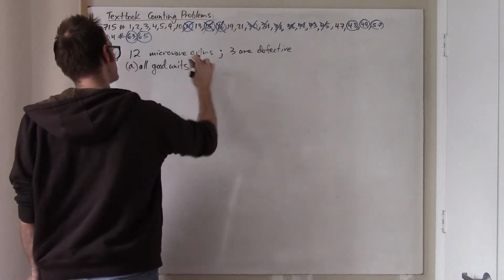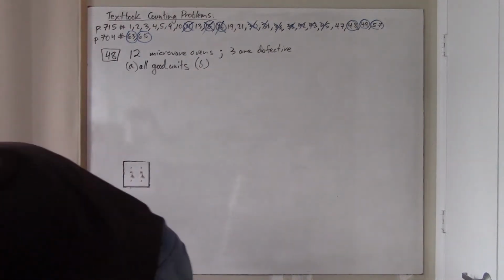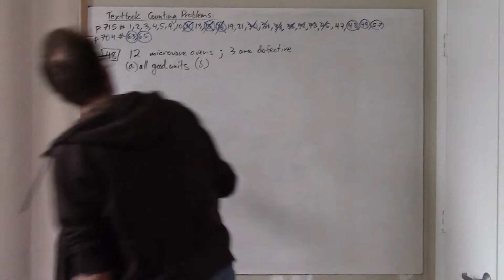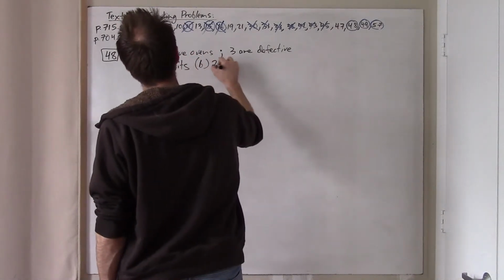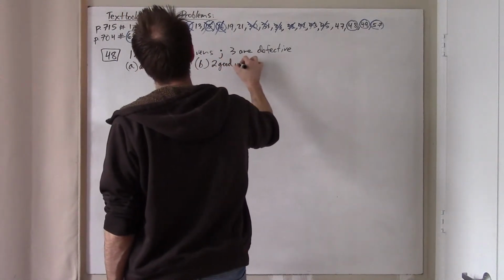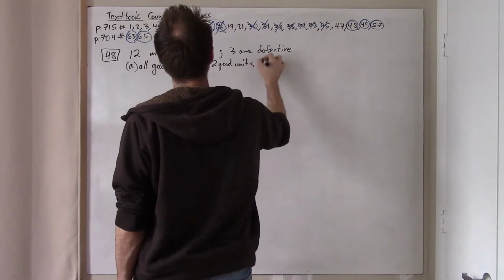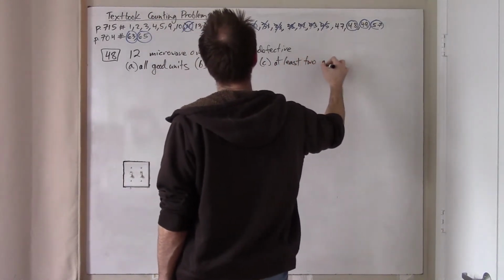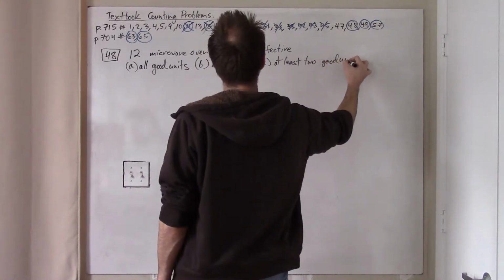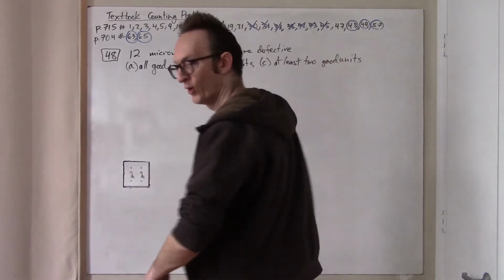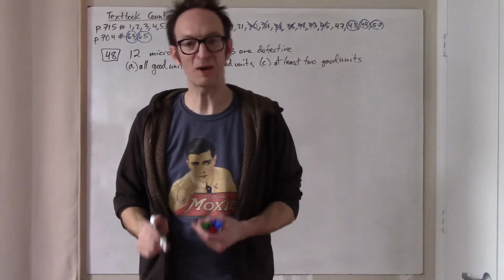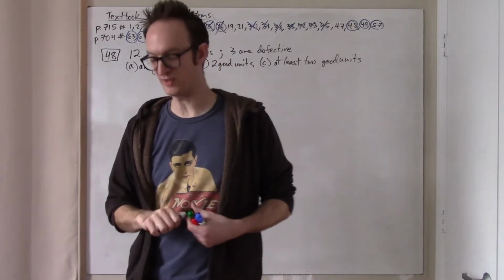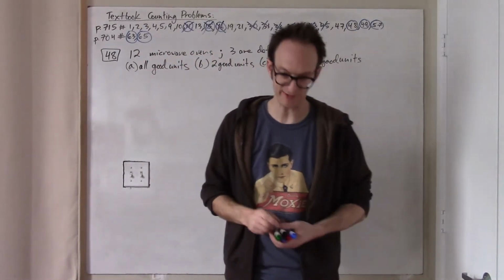B, 2 good units. C, at least 2 good units. Okay, this is so ridiculous. This problem is everything that's kind of difficult about counting problems.